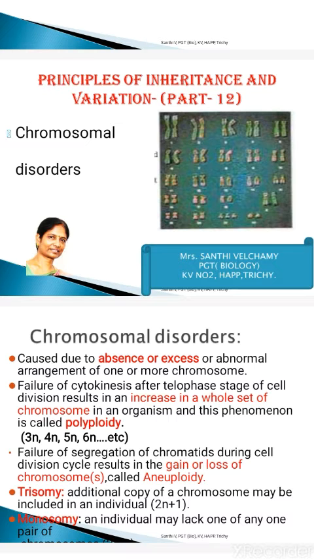It can be due to loss or excess of a chromosome, or abnormal arrangement, or an abnormal increase in an entire set of chromosomes. It can be a single number or it can be more than one. So how does it occur?